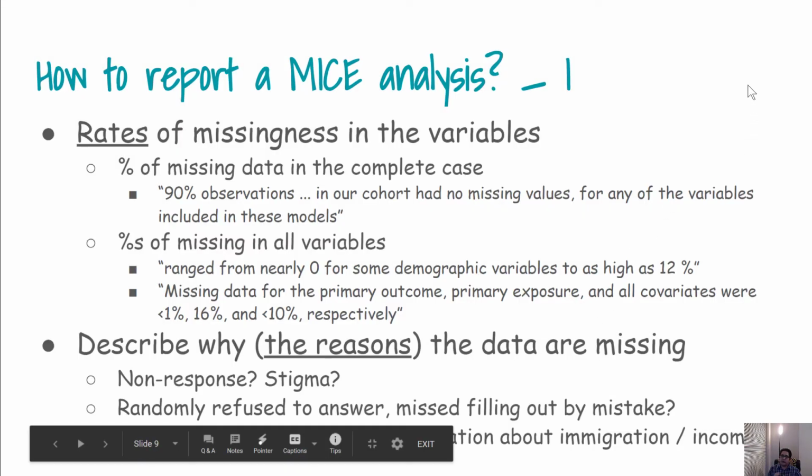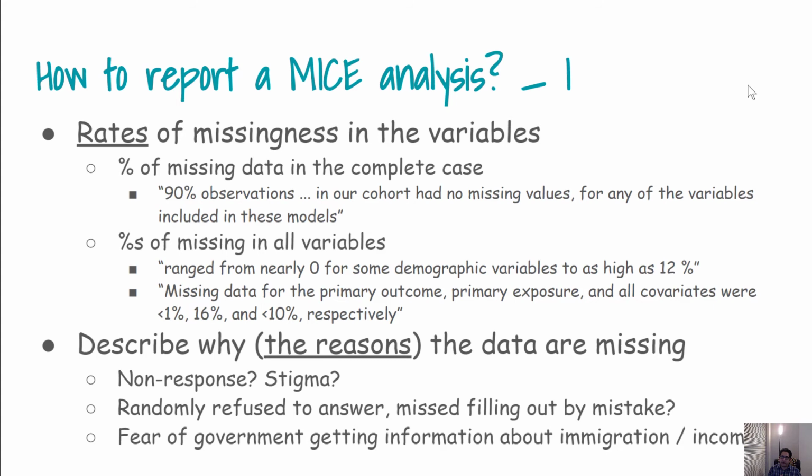Alright, so what are the things we need to report when we conduct our analysis using MICE? The first thing we should report is the rate of missingness in the variables. If you have 5 variables that have some missingness, you need to mention what the rates of missingness are for each of these variables.